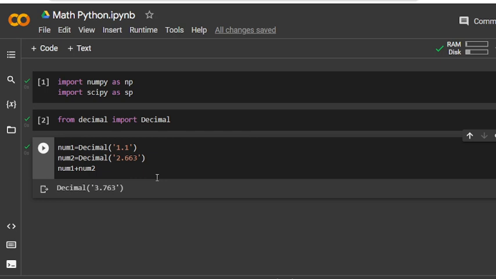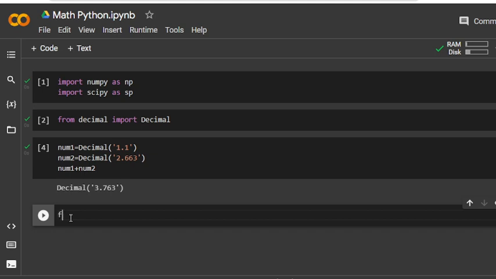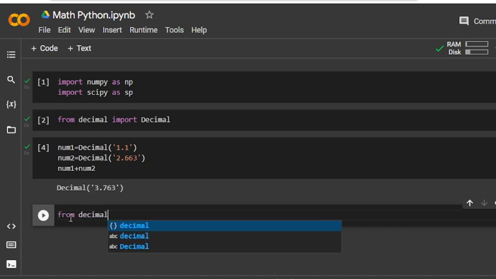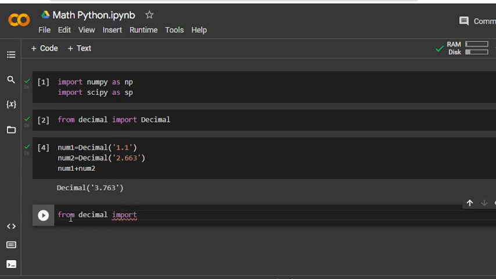So from decimal import getcontext. The module has been imported.